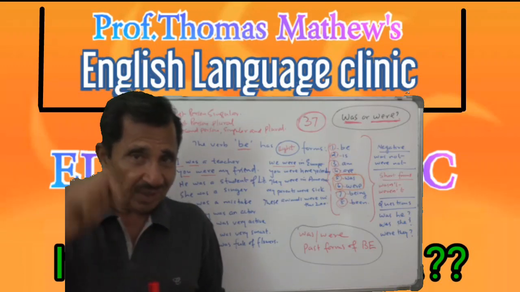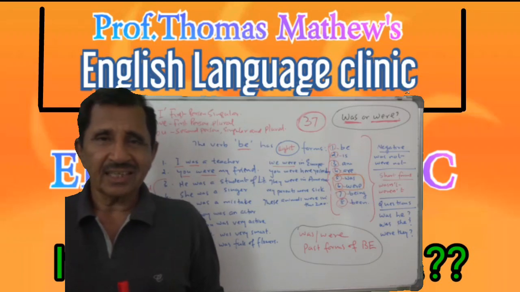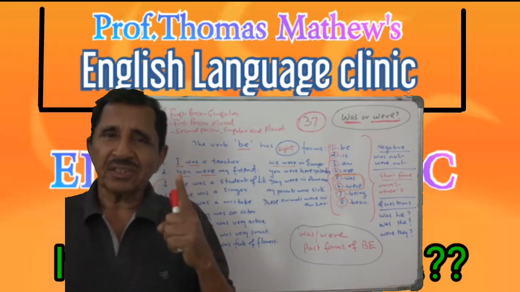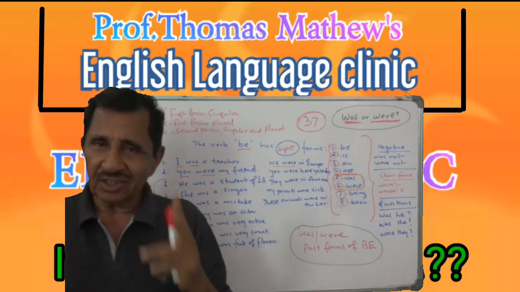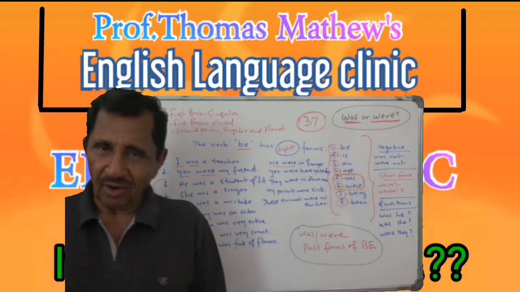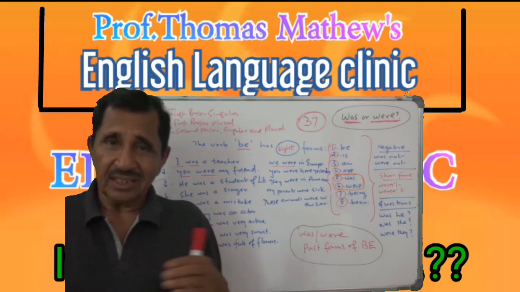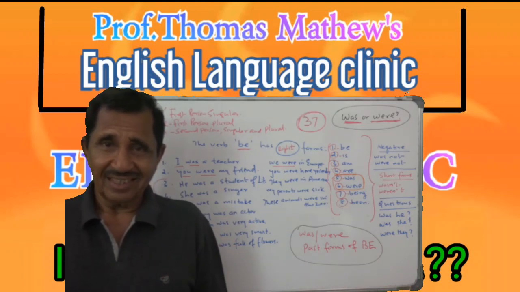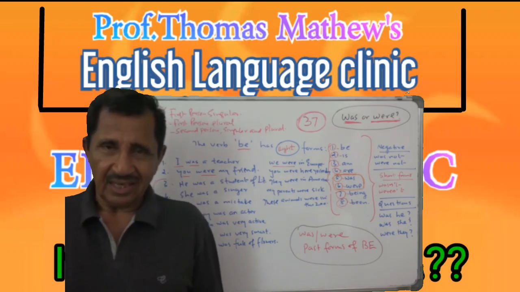If the tense is past, if the time is past, understand? That is, first person singular, I was. Third person singular, he was, she was, it was, the dog was, the man was, the woman was, the girl was, the boy was, the house was, my uncle was, my aunt was, my father was, like that.